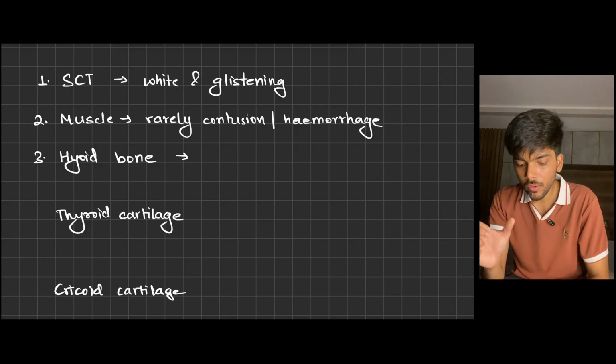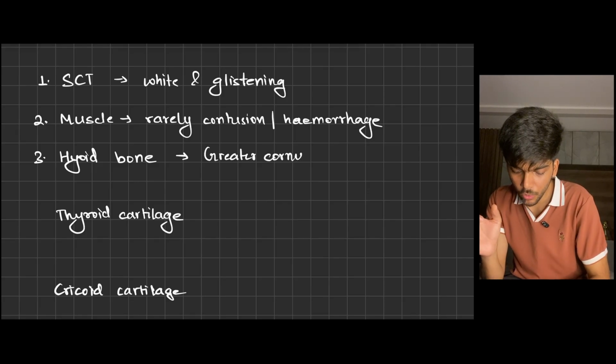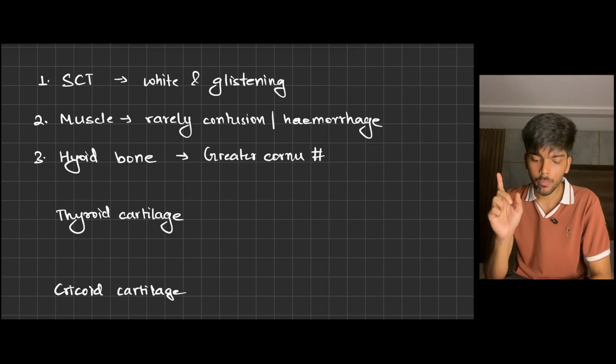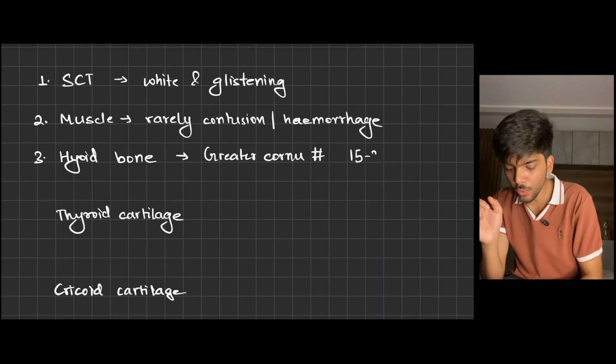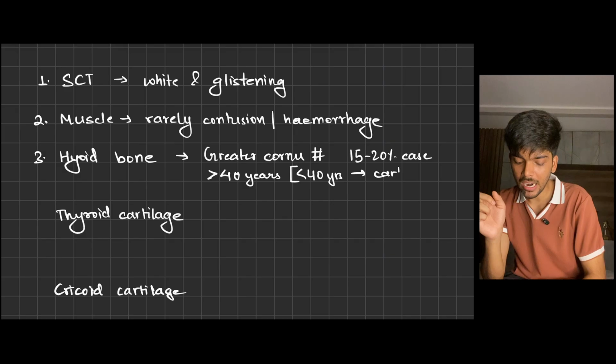The hyoid bone shows fracture at greater cornua. Greater cornu fracture. But this is only in 15 to 20% of the cases, and only when the person is more than 40 years of age. Because at less than 40 years, it is more cartilage, and cartilage doesn't break easily.